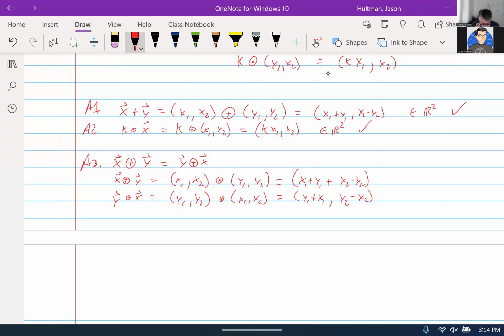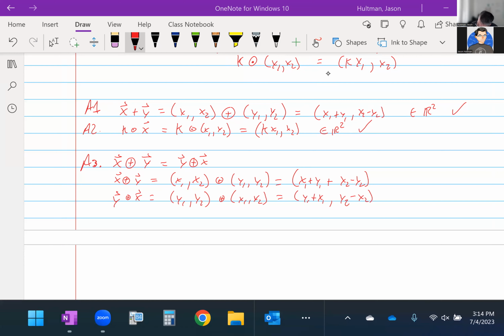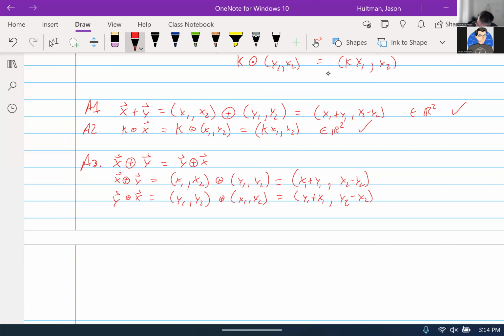We can see that there is going to be a sign issue. The first components work, but the second component does not work. We know that x2 minus y2 is not the same as y2 minus x2. Those are going to give me opposite signs. And so A3 fails.